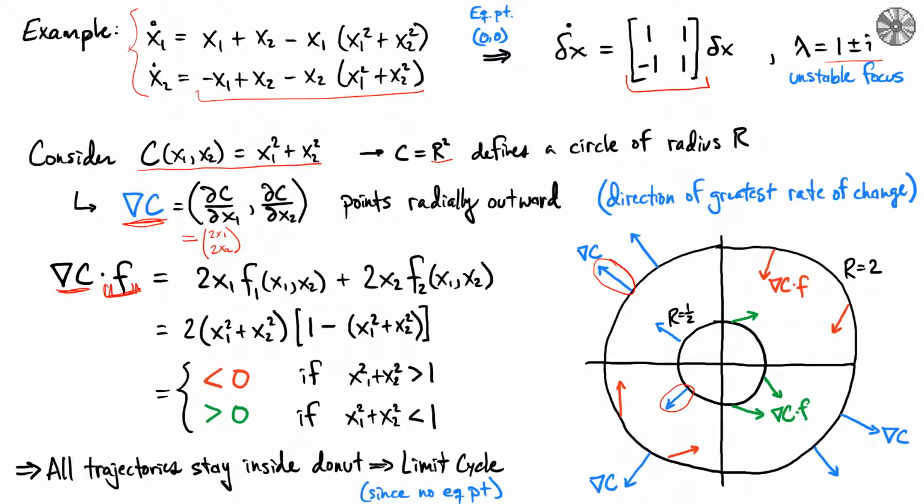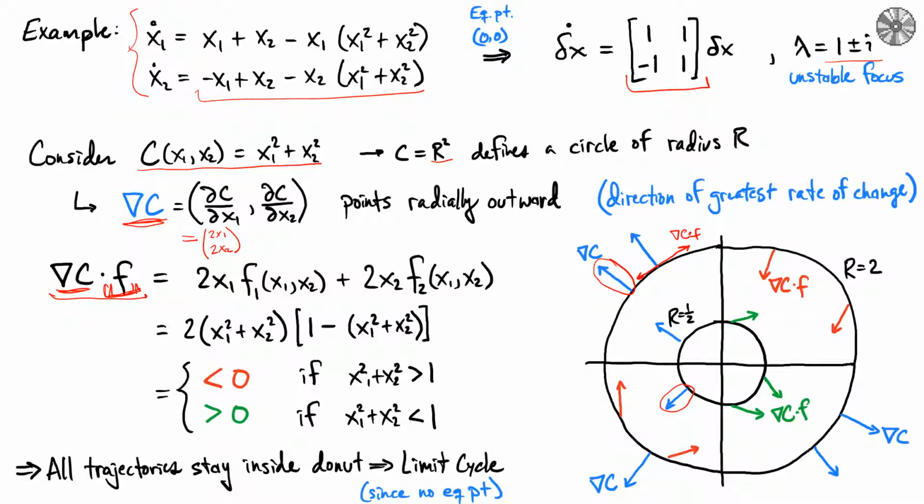So if it's close to 0, then that means that, for example, the gradient of c dotted with f points directly tangent to the circle, in which case this dot product would be 0. Or if it's pointing in this other direction, that's tangent. But as long as it's pointing inside, you're going to have a negative number. If it's pointing outside, along the gradient, then you're going to get a positive number.